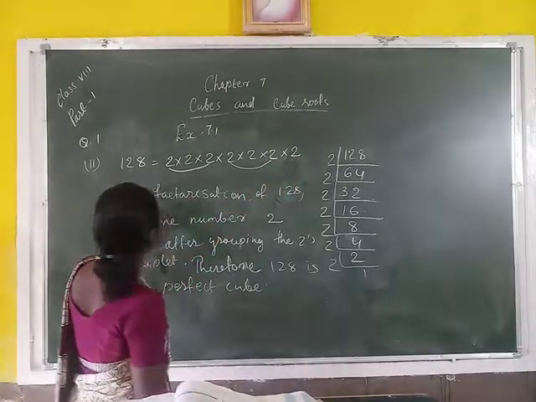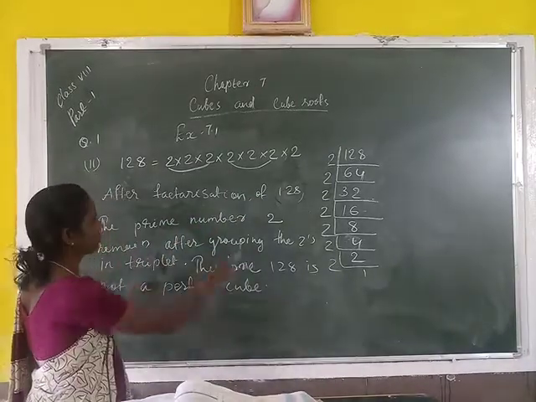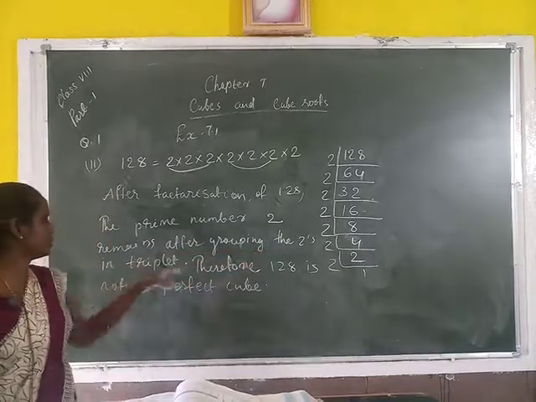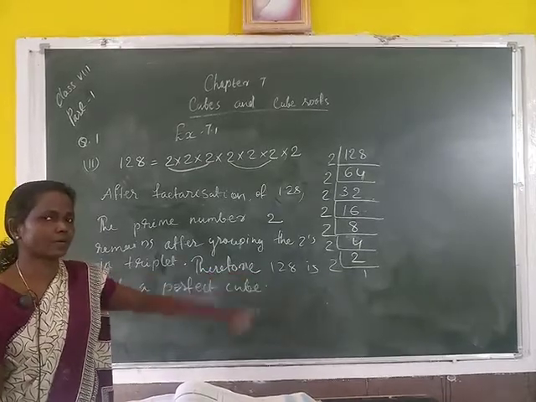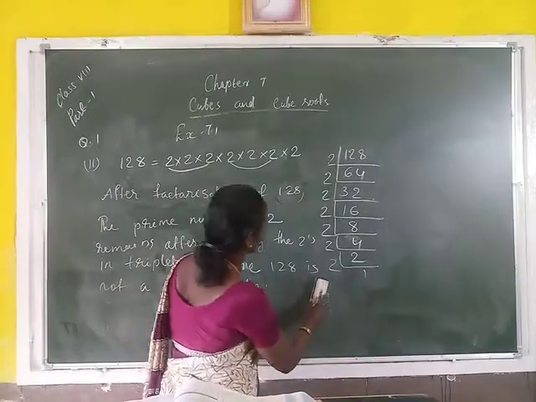So after factorization of 128, the prime number 2 remains after grouping the 2's in triplets. Therefore this number 128 is not a perfect cube.